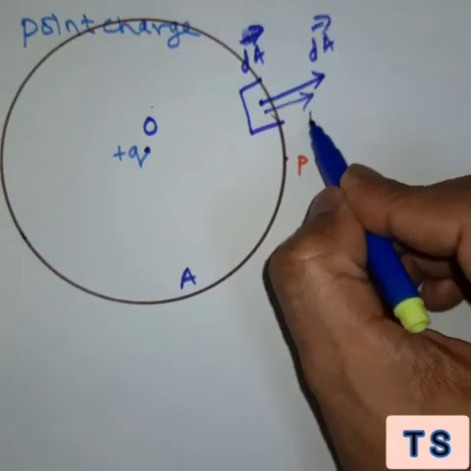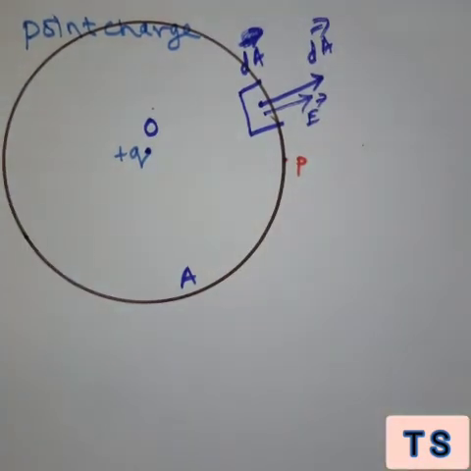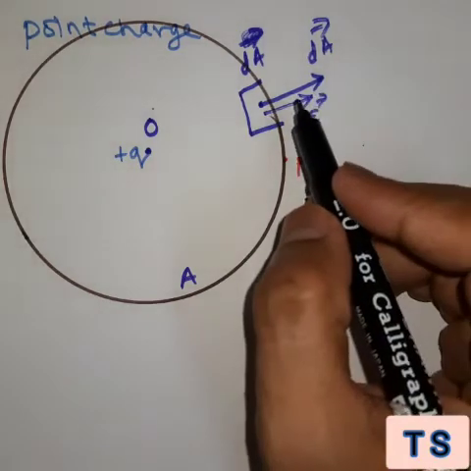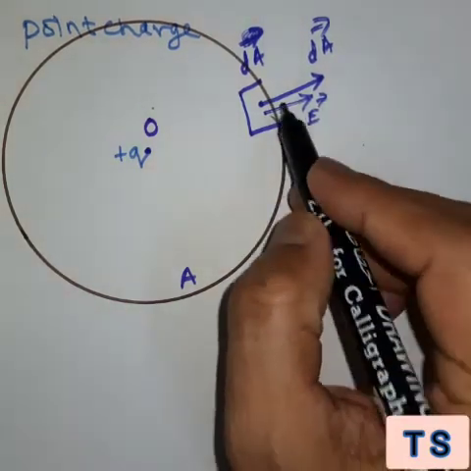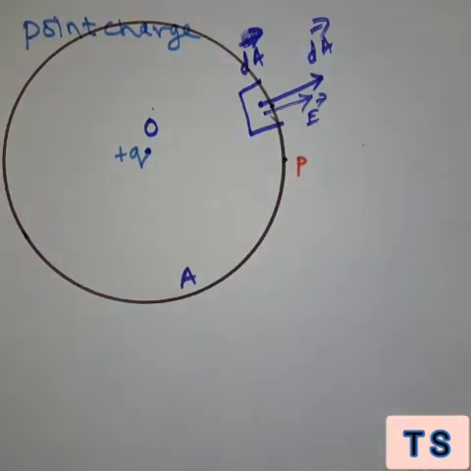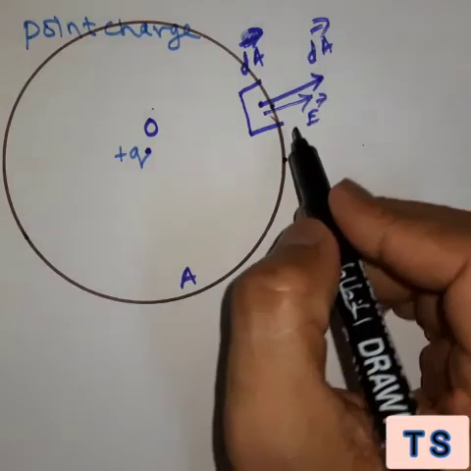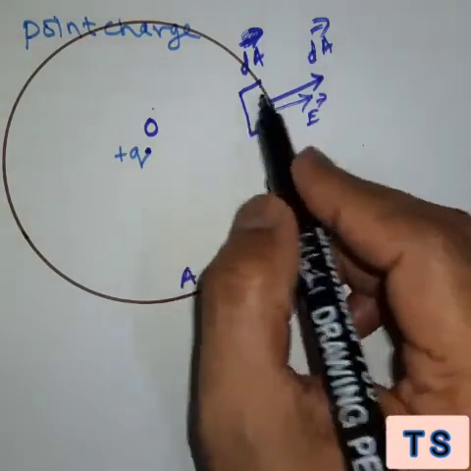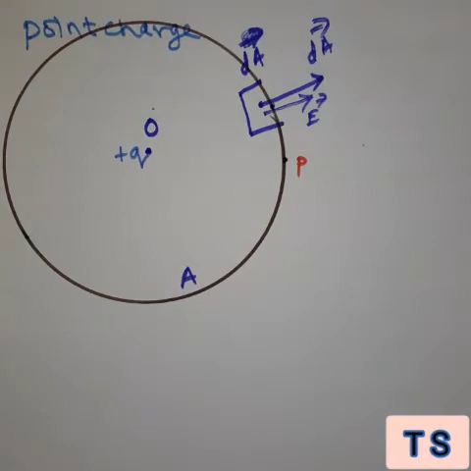So this will be my field E. The electric field and the area vector, they both are in the same direction. And let's say I have to find the electric field at point P. Instead of here, I shift this point P to somewhere here or any point on this surface. So I want to find the value of E from this.